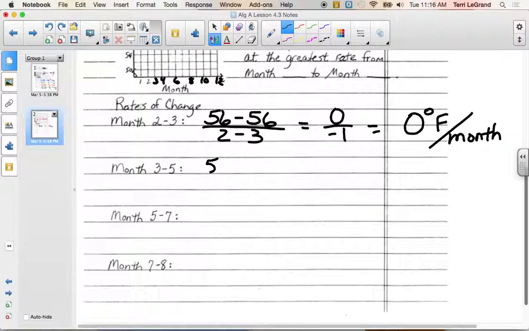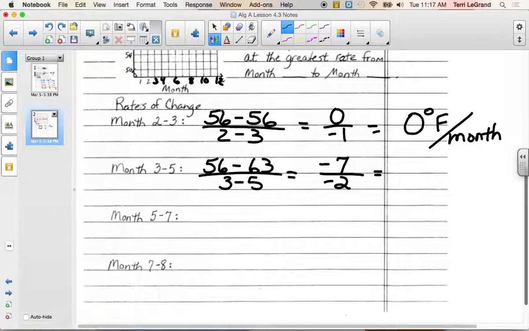Now we'll go in month 3, the temperature was 56 degrees. What was it in month 5? 63. Okay. 56 take away 63, -7, right? 3 take away 5, -2.